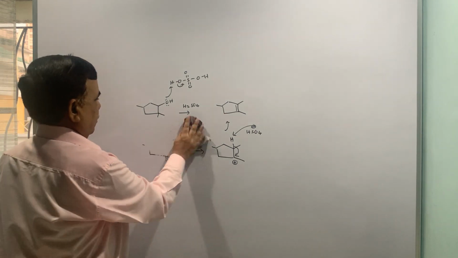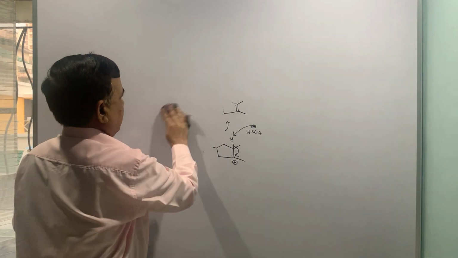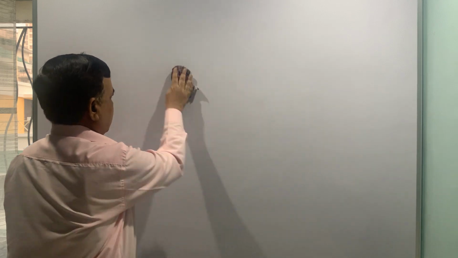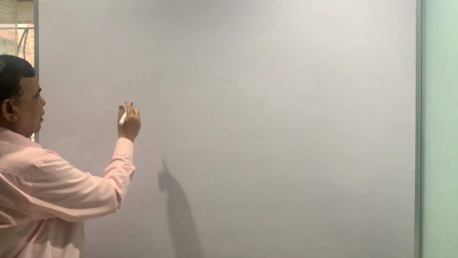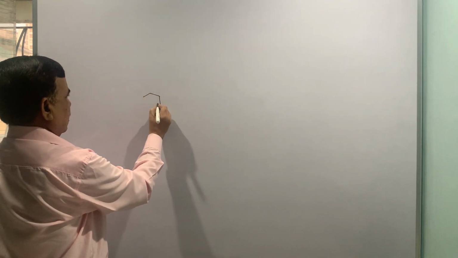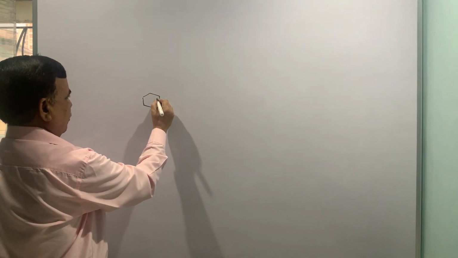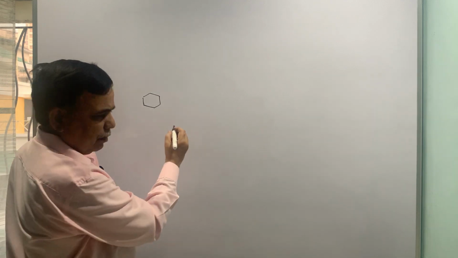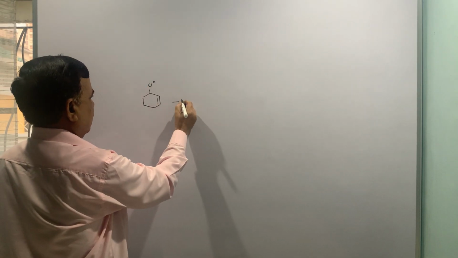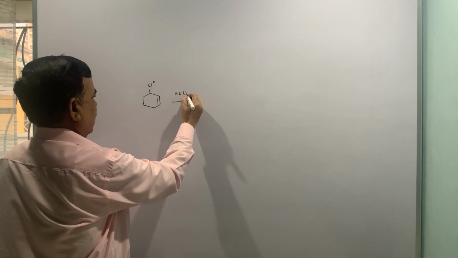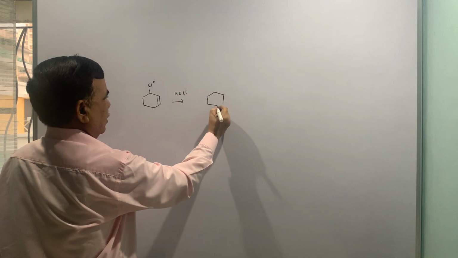Okay, we'll just quickly solve 4-5 examples, and maybe next lecture we'll start with another topic, that is rearrangement at electron deficient nitrogen. So this is the labeled HOCl, and the product is mentioned over here.